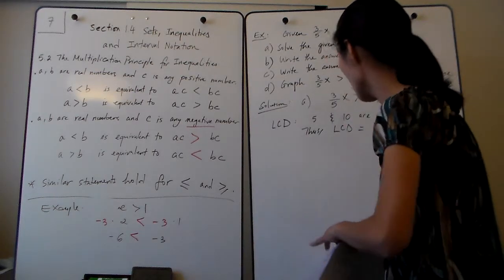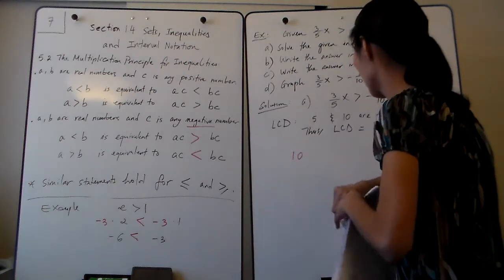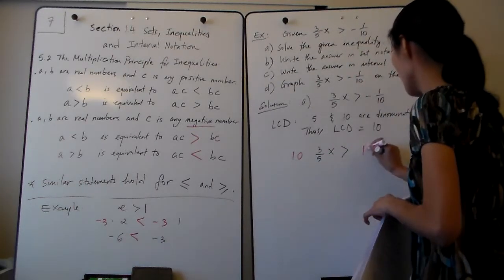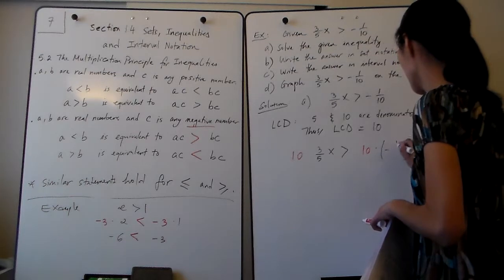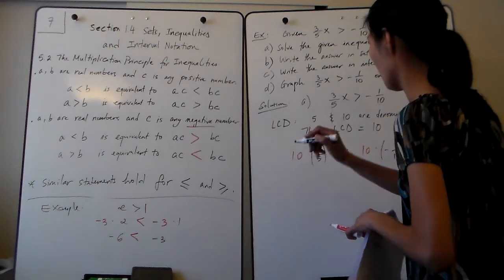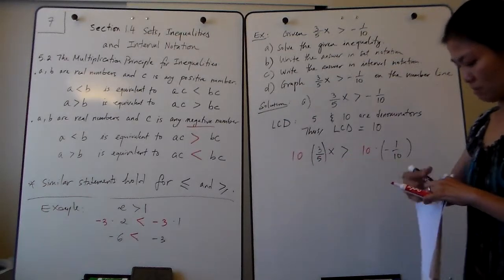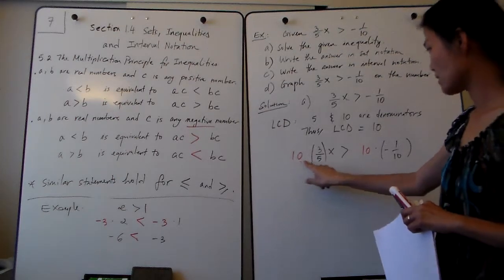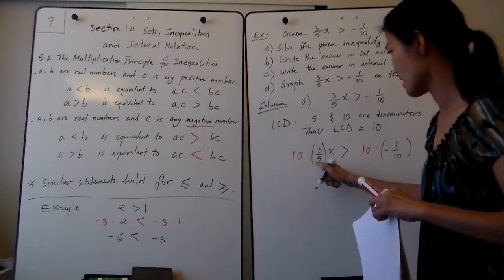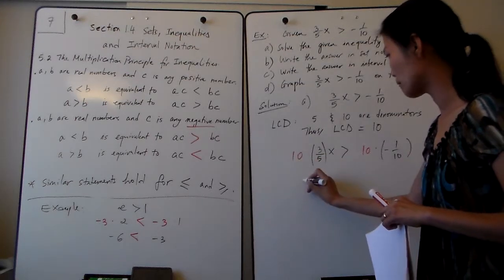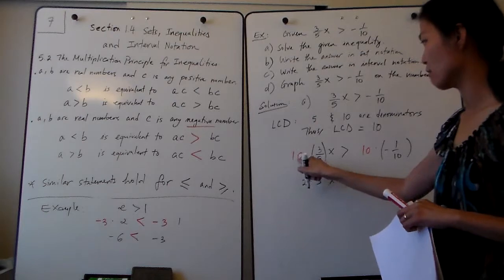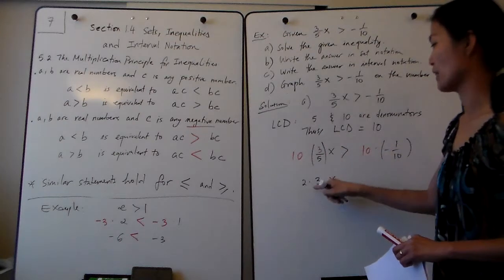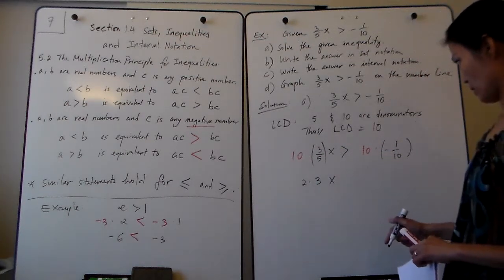So 10 times 3/5 x is greater than 10 times -1/10. You can put parentheses around the coefficient on the left term. Simplify 10 times 3/5: you can simplify 10 and 5 to 2, so I have 2 times 3x. 10 divided by 5 is 2, and 3 is just the numerator, so I carry it to the next line.